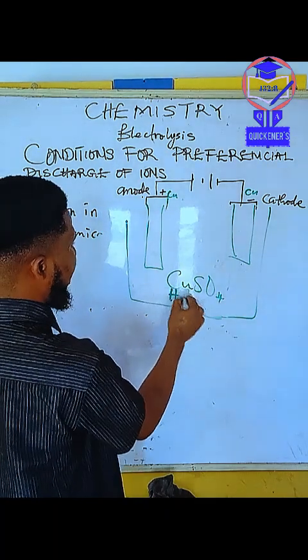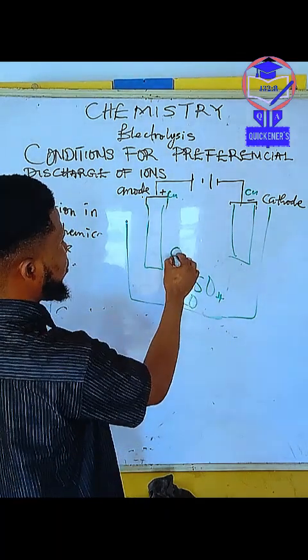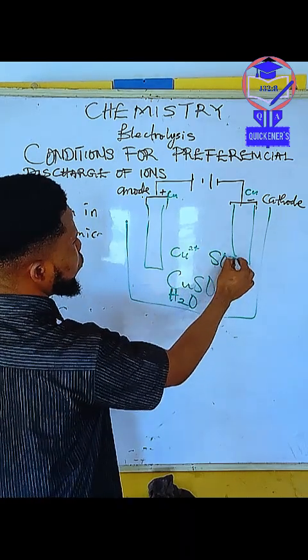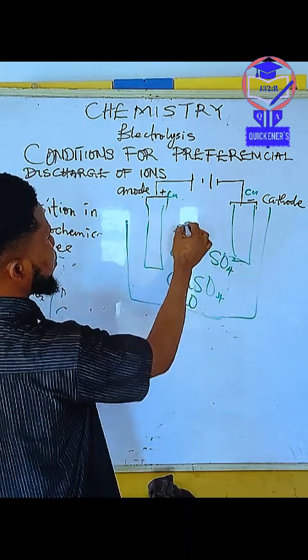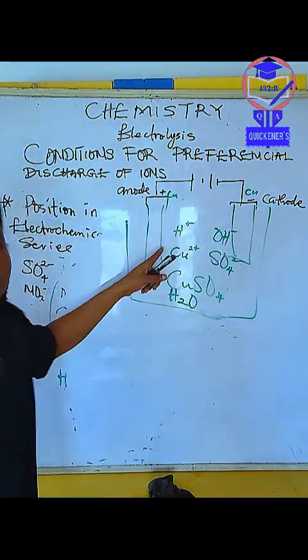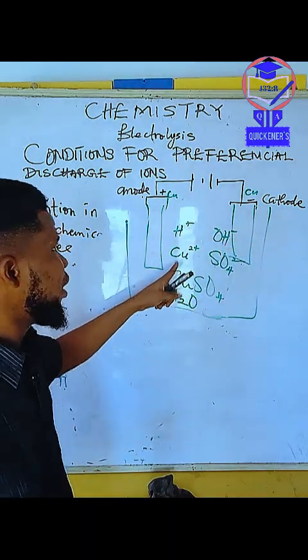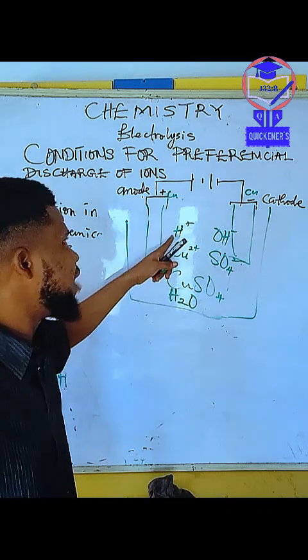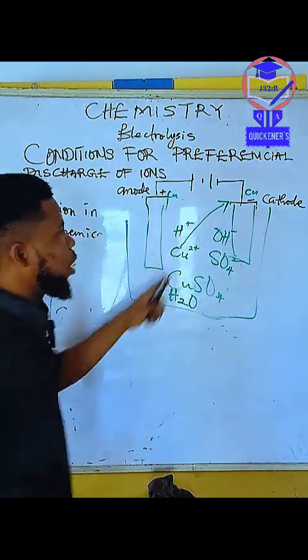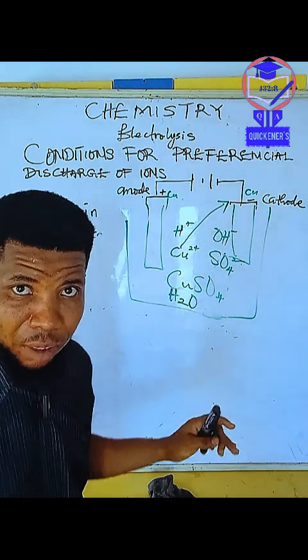When CuSO4 and water ionize, you have Cu2+ and SO4 2-. Then water will give you H+ and OH-. In the electrochemical series, copper is lower than hydrogen, so copper will be discharged as the atom. There is no problem concerning that.